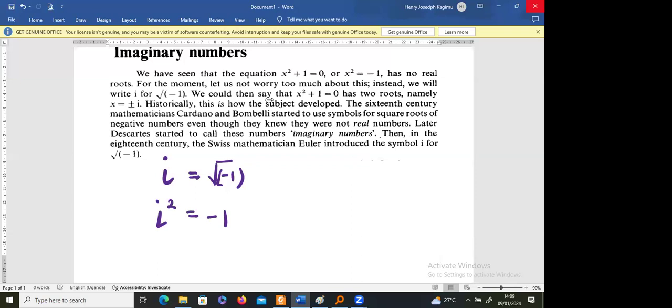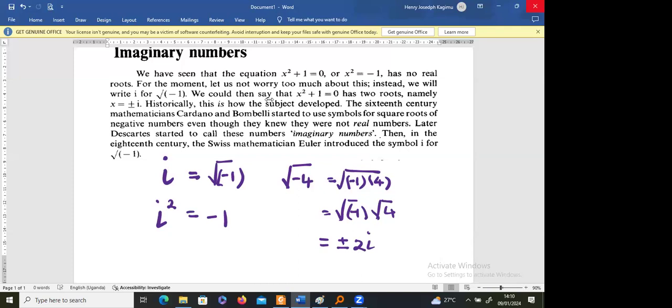Now, what happens if I want the square root of a number like -4? All of us know very well that -4 becomes -1 times 4. And so if I want the square root of -4, then I'll get the square root of -1 multiplied with the square root of 4. The square root of 4, as we know, is plus or minus 2, and then the square root of -1, which is i.